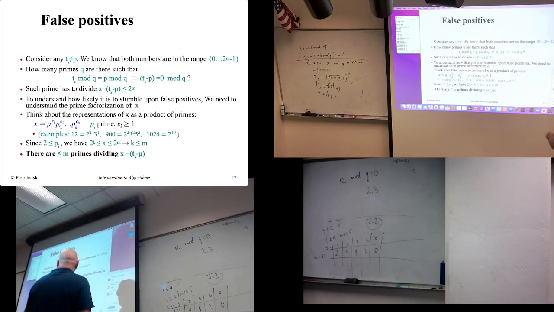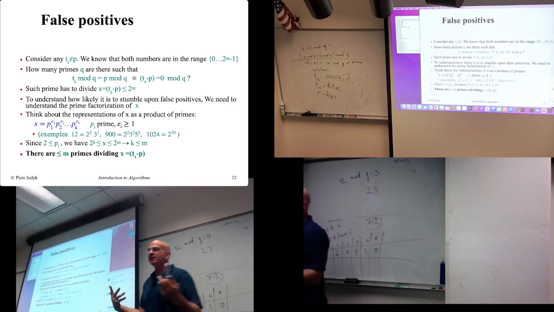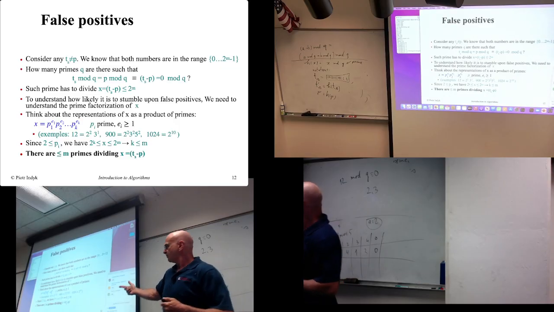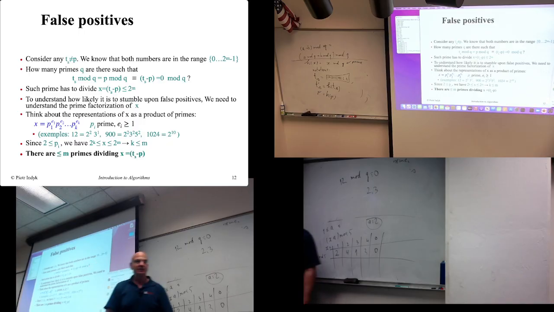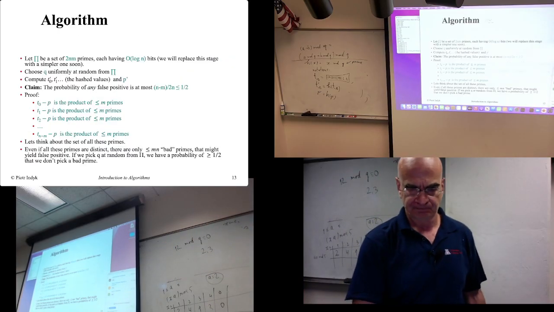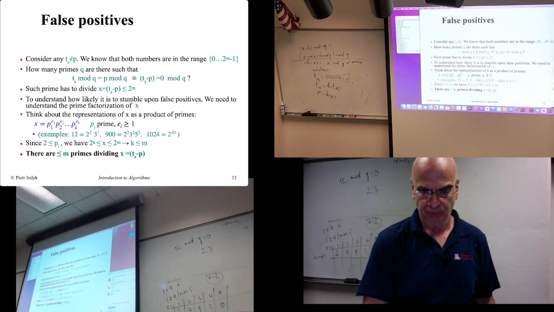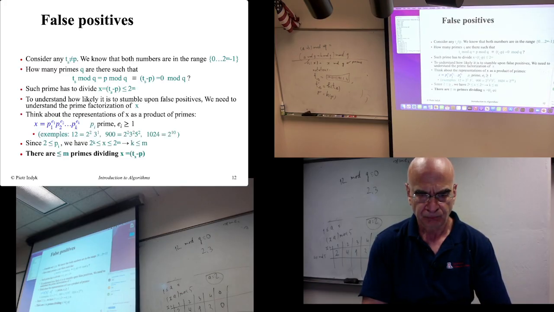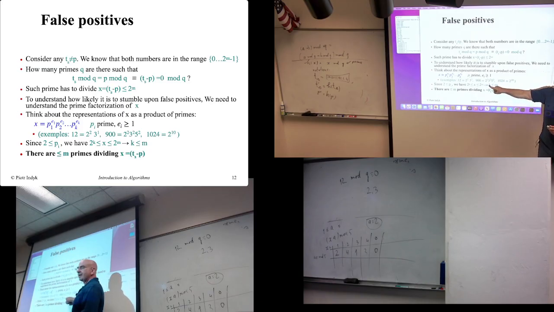Okay, so how many primes can I have? What is the largest value of k that I might generate, since each prime is larger than 2 and the exponents only help me? Then k is not larger than m.